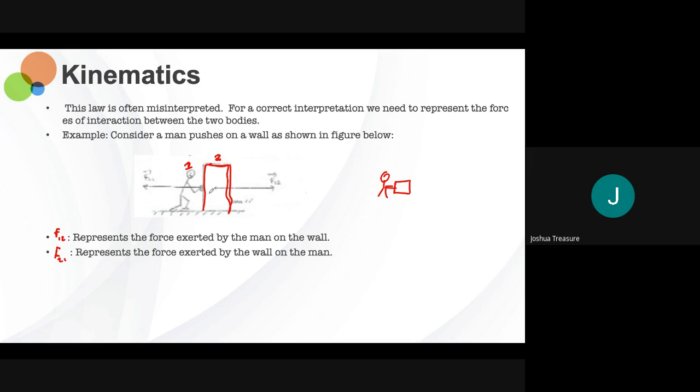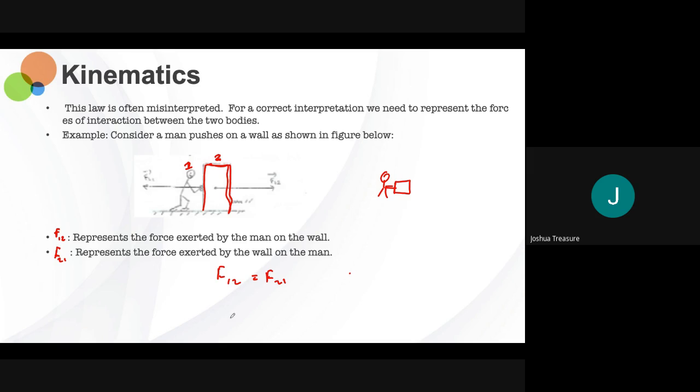It is exerting an equal force. Therefore, F12 is equal to F21. If they were not equal, then there would have been some form of change. As you know, the resultant force would cause an acceleration if they were not equal.